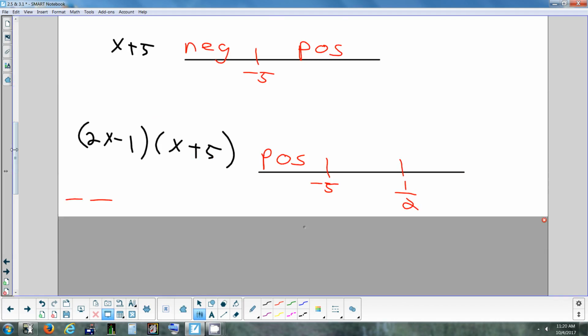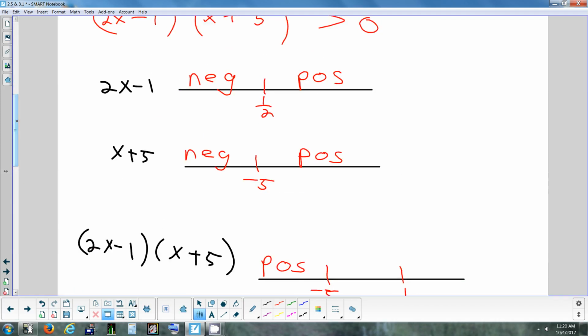Between -5 and 1/2. What if you are between -5 and 1/2 in the first one? Like -3. Yep, you're still in the negative section. So that part's negative.